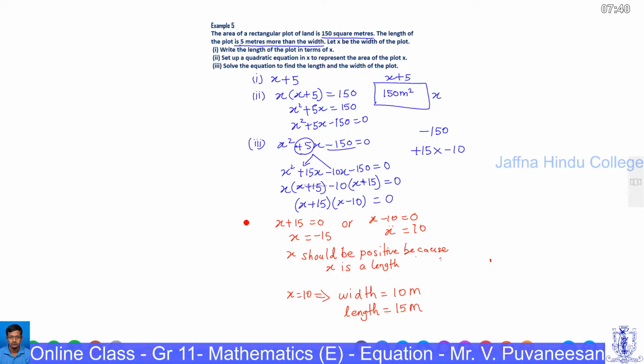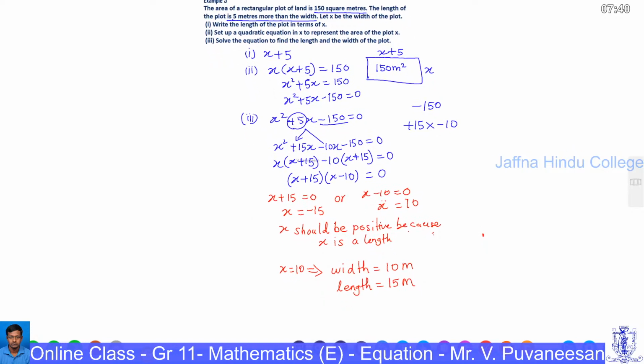Then we consider: if x plus 15 into x minus 10 equals 0, then x plus 15 equals 0 or x minus 10 equals 0.